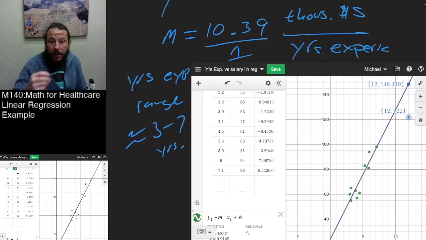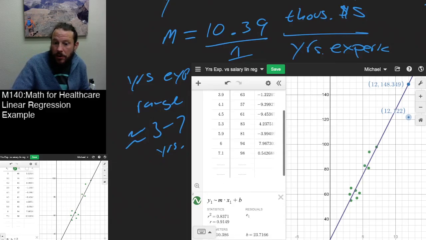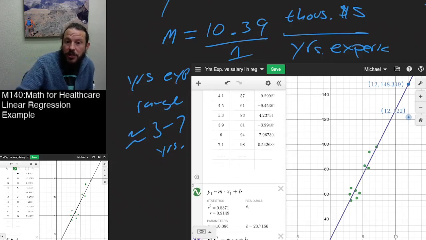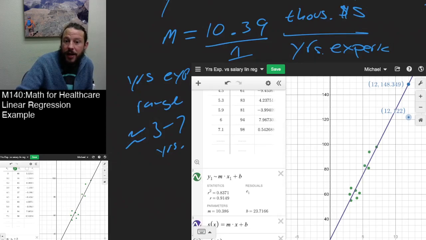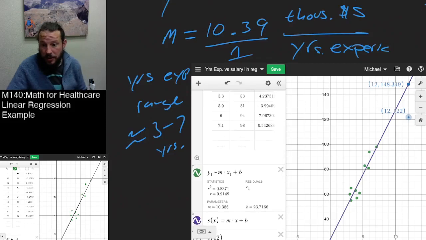So here, the last thing I'd like to do is, how will our regression line change if we added in the data point 12, 122? Will the slope increase or decrease? Let's see here.